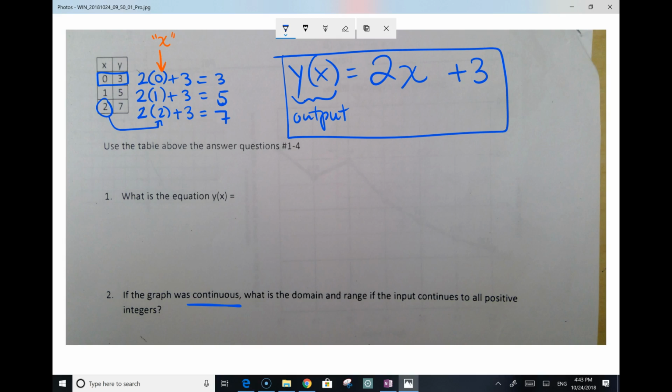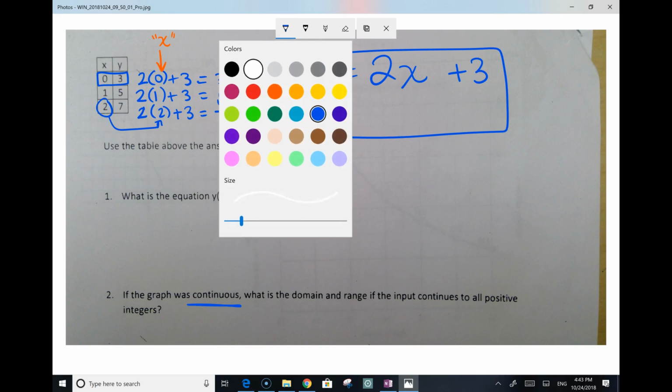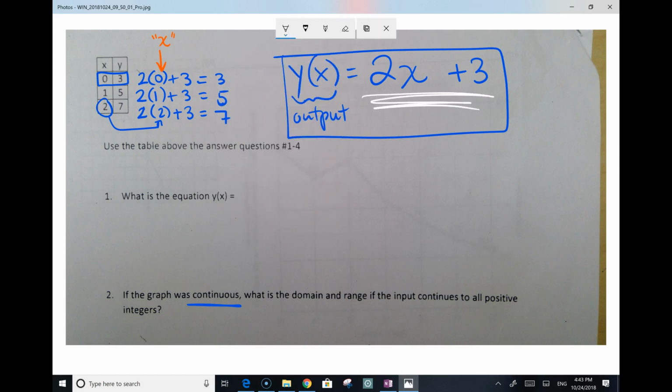This data table is showing us only a portion of the graph. And if I were to continue my inputs here based on this function, then I could essentially get outputs forever. So this would lead to forever outputs.